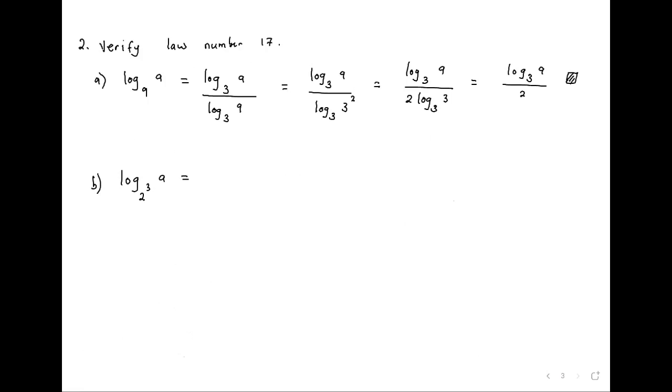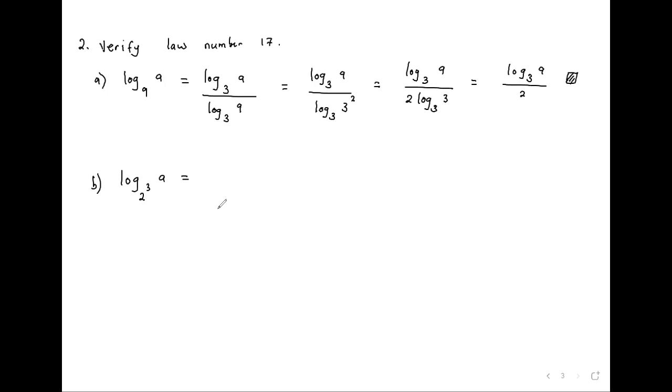Is that A to the power 3, or is it 3 to the power A? 2 is a base, and then the base is to the power 3. It's log a base 2 to the power 3.